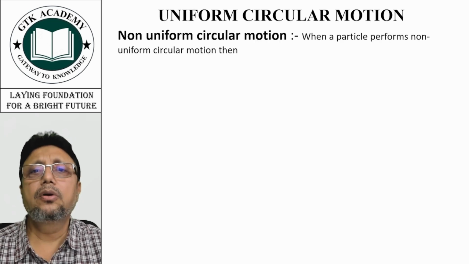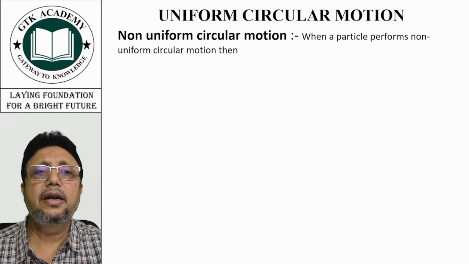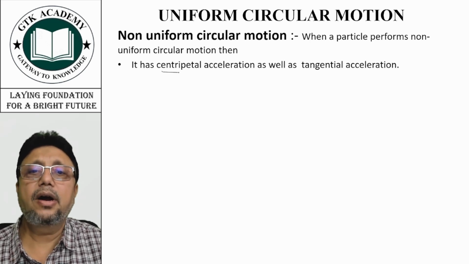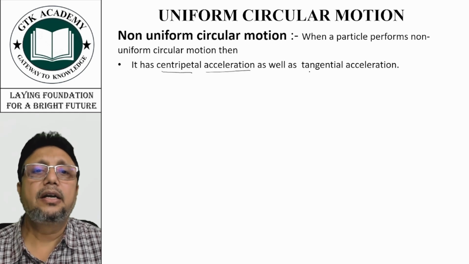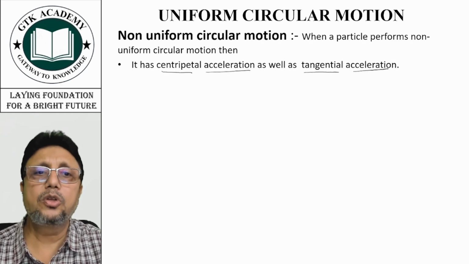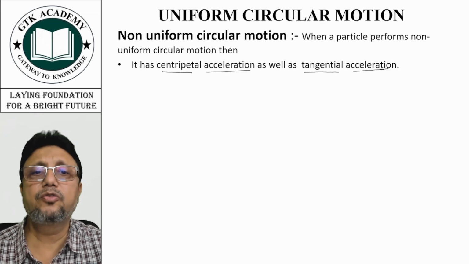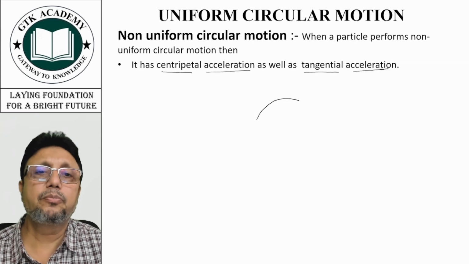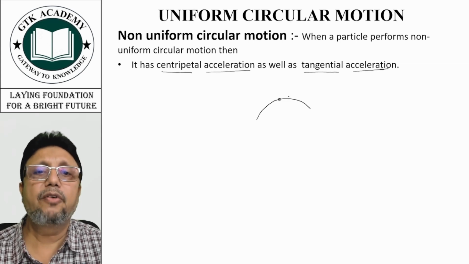Now in case of non-uniform circular motion, when a particle performs non-uniform circular motion, then it has centripetal acceleration as well as tangential acceleration. Centripetal acceleration is required if it is moving in a circle. Tangential acceleration has to be there because since velocity is changing in magnitude also, that means there is an acceleration in the direction of tangent, because velocity is in the direction of tangent. If any body is performing circular motion, anywhere the velocity is in the direction of tangent.